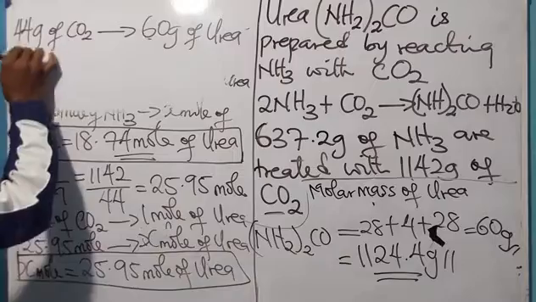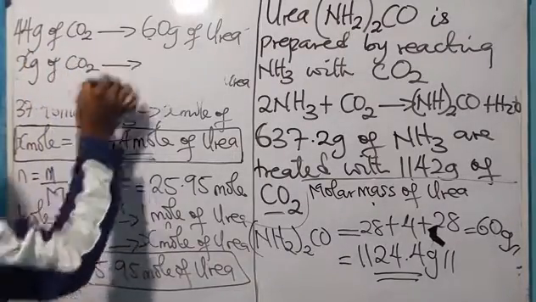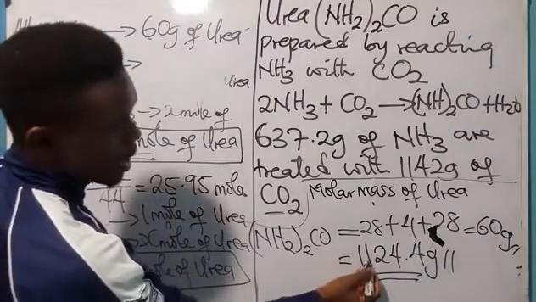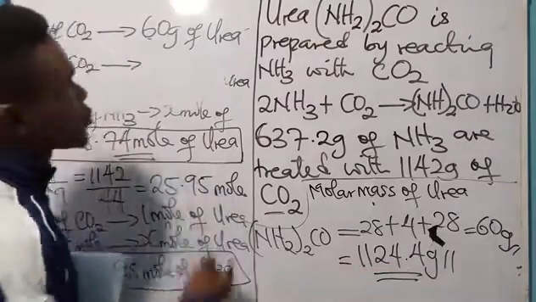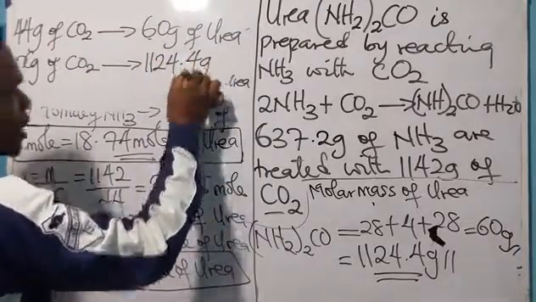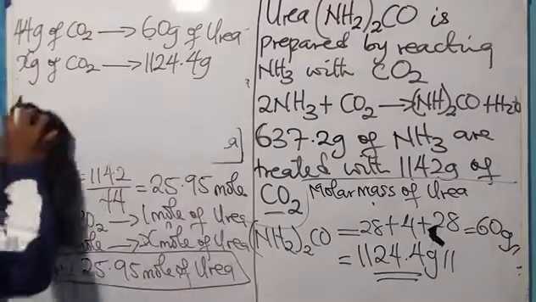It means that S gram of the excess reagent will give 1124.4 gram. You know how it goes.